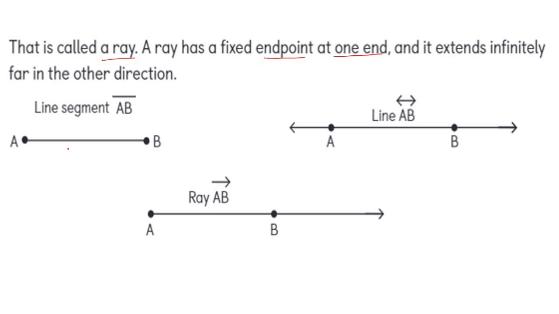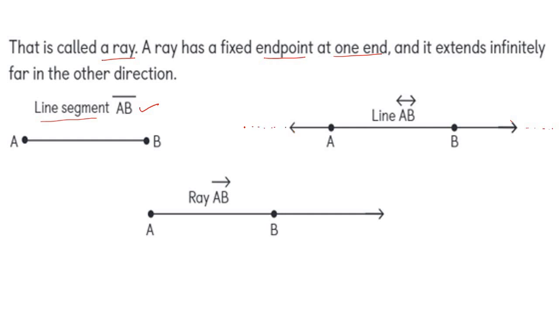We'll see the difference between line segment, line and ray. See, children, this is line segment which is having 2 endpoints. This is called line segment AB. This is called line. It is connected with infinite number of points and extends both sides infinitely.